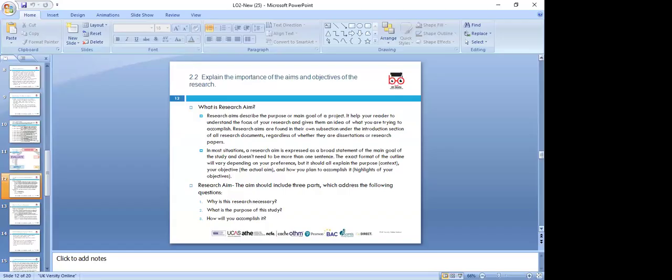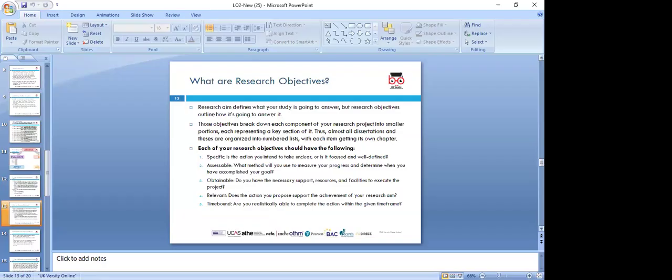So your aims are different from your objectives. The aim is the purpose of your main goal of the project. It should have three points: why, what, and how. Why is it important to do your research? What is the purpose of the study and how would you accomplish it?